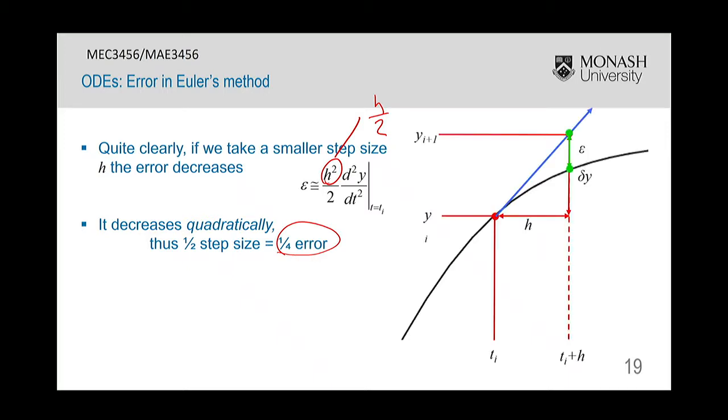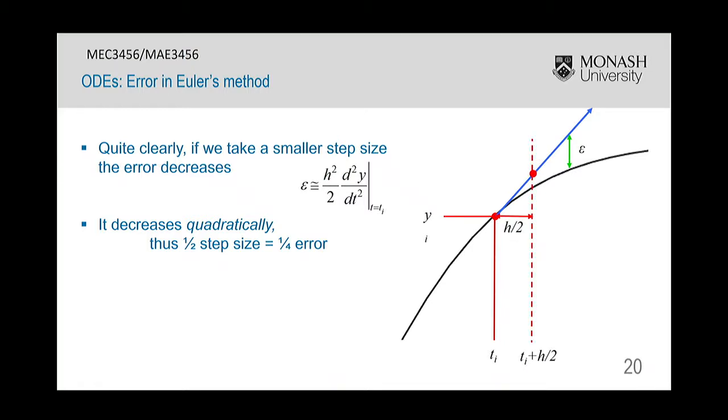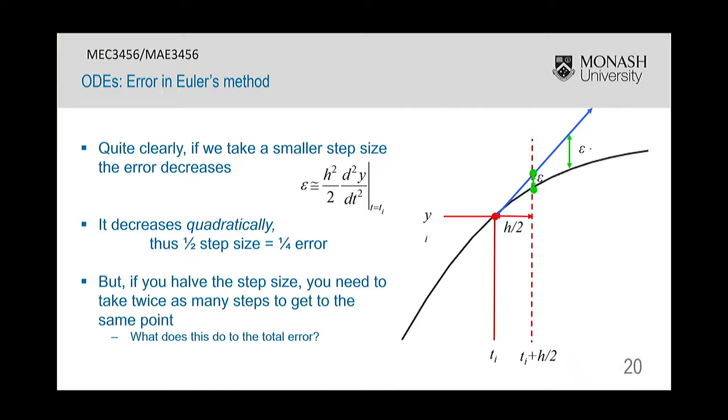So that's what we've got to begin with. If we take a smaller step size, we can quite clearly see that the error here is going to be smaller than the error in the other case, because we haven't gone so far from the initial point, and we haven't had such a chance to accumulate such a big error. But if you halve the step size, to get to the end point you need to take twice as many steps.